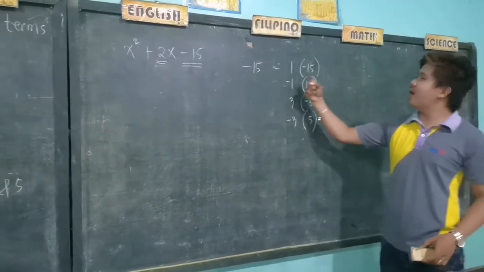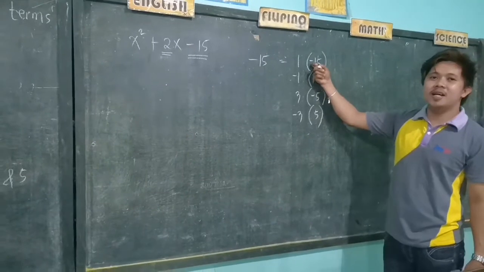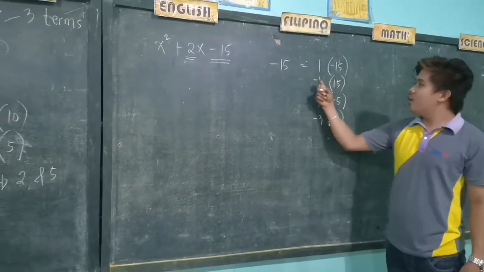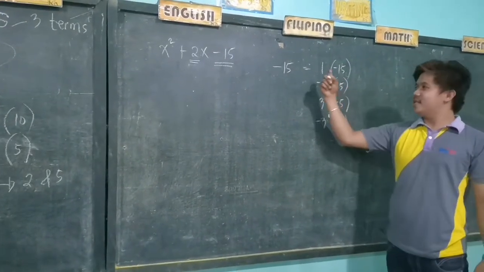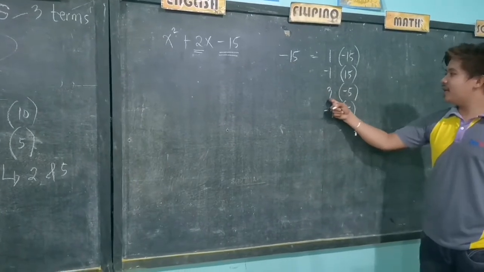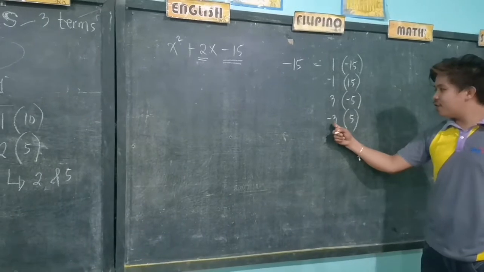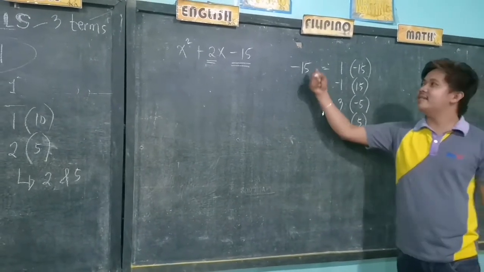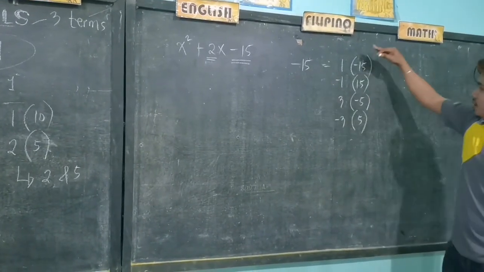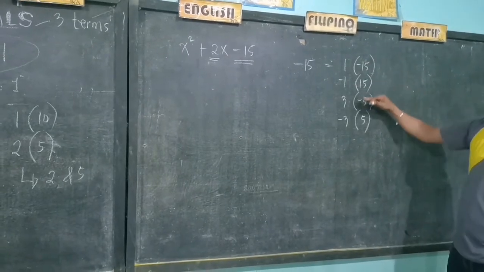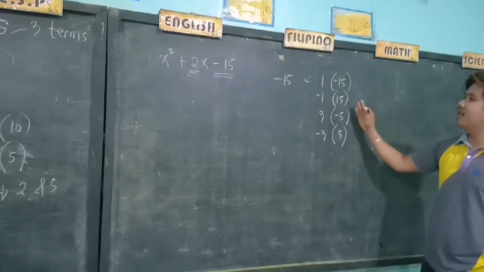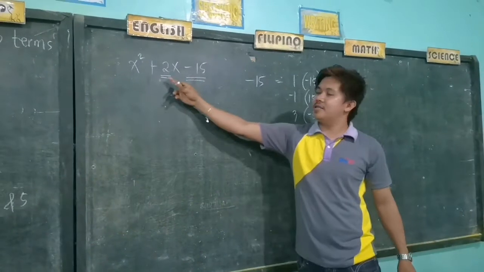If we multiply 1 and negative 15, the result is negative 15. Negative 1 times 15, still negative 15. 3 times negative 5, the result is negative 15. Negative 3 and 5, the result is negative 15. The question is, which among the factors yield 2 as their sum?